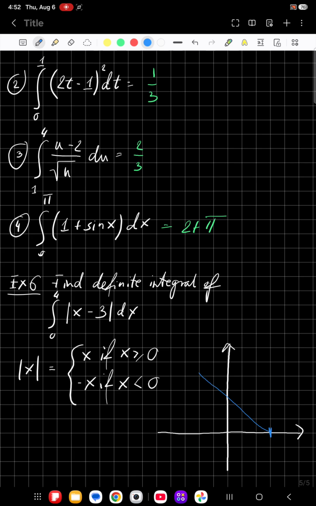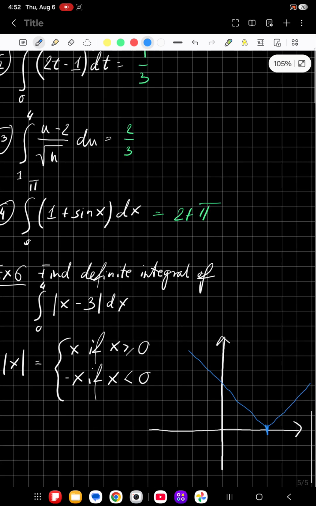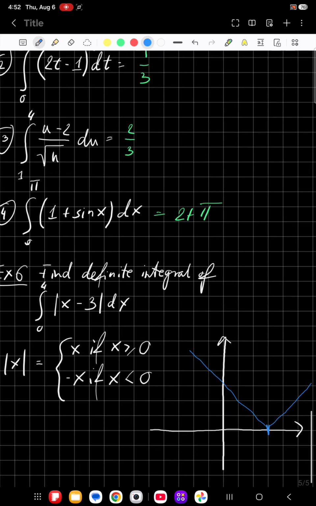Let me try to make it better. So erase this. And I go from here, and it's a 45-degree line. But I have slightly more space there. So this is 3. Now this is 4.